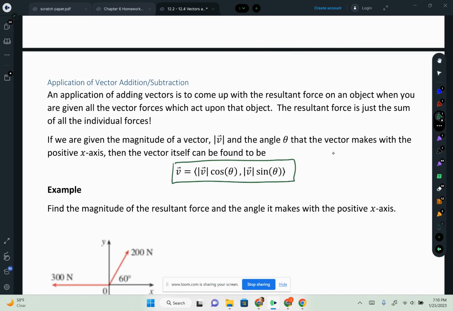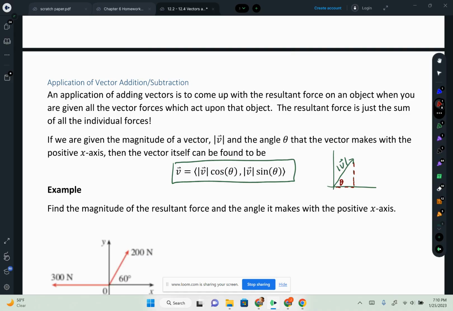And this is all just coming from right triangle trigonometry. If I have some vector, the magnitude, remember, is the length of the hypotenuse of a triangle that gets formed when we look at the change in x and the change in y. Theta is the angle made between the positive x-axis and our vector.